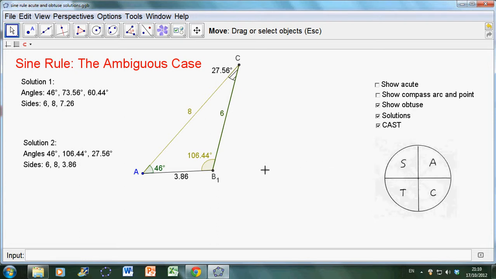So the sine of 73.56, which was the original one back here, gives us the same answer as the sine of 106.44 because of this CAST. All right, so we have two answers, one acute, 73.56, and one obtuse, 106.44, and so there you have the ambiguous case when it comes to the sine rule.